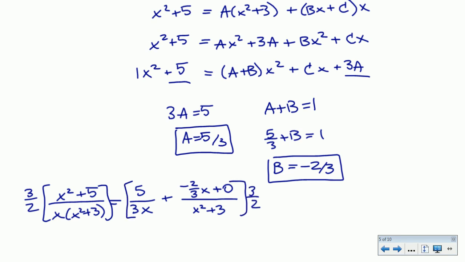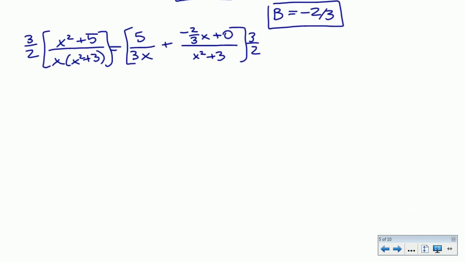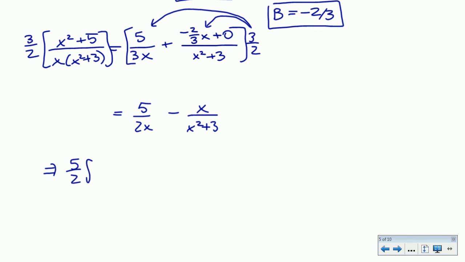We can determine a new expression for our original integral. So if we distribute 3/2 into this first term, we end up with 5 over 2x. And when we distribute 3/2 into this second term, we end up with negative x over x squared plus 3. So that means we can write our original integral as 5/2 integral 1 over x dx minus the integral of x over x squared plus 3 dx.